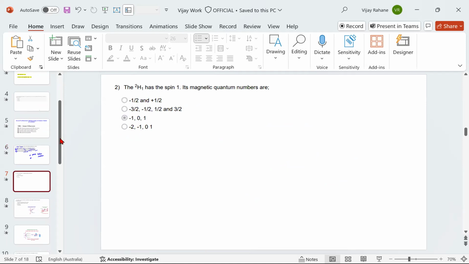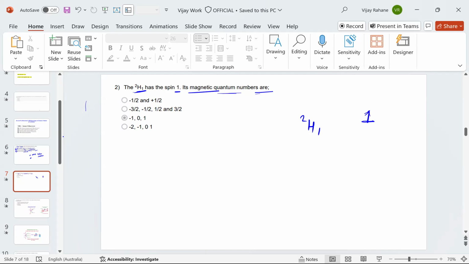So the next question is here. 2H1 has spin 1, right? Its magnetic quantum numbers are?